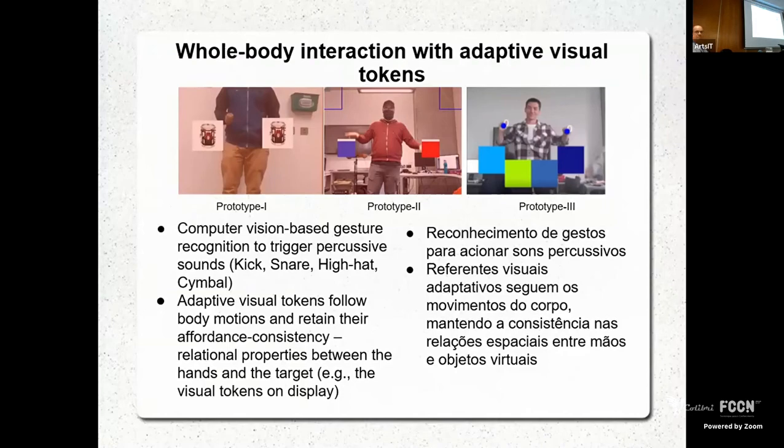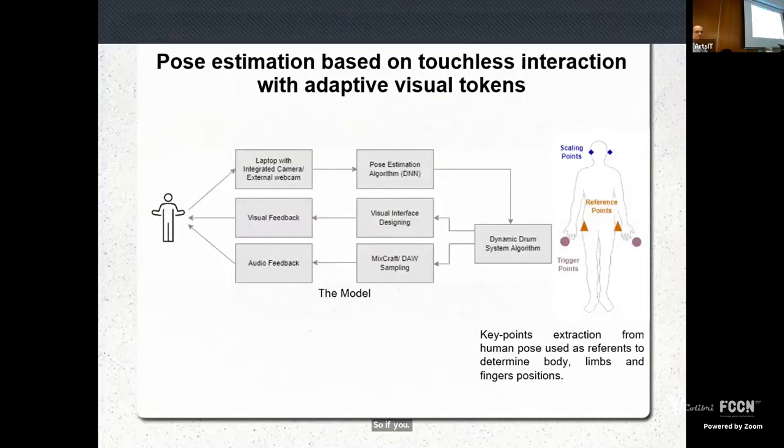If you go to the next slide, we can see the system architecture of the drum. We have the laptop camera, and the information is just from a laptop camera. Then we have the pose estimation algorithm running behind, a deep learning model, which gives the information to the dynamic drum machine.